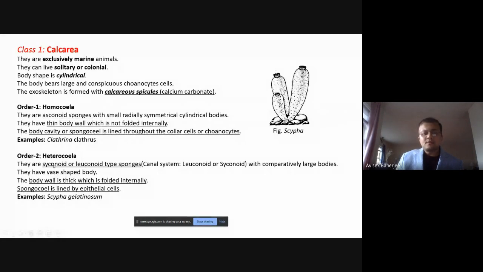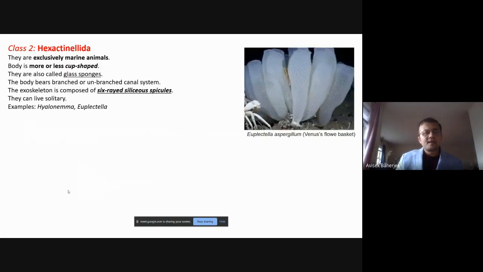So it's easy to remember that Heterocoela are syconoid or leuconoid types of sponges. That means the body wall is thick and folded internally, and that's why the spongocoel is not lined by choanocytes. The choanocytes are restricted to those flagellated structures, if you remember from the picture. The spongocoel is lined only by epithelial cells. Just remember this, and have some examples also. The next class is Hexactinellida.